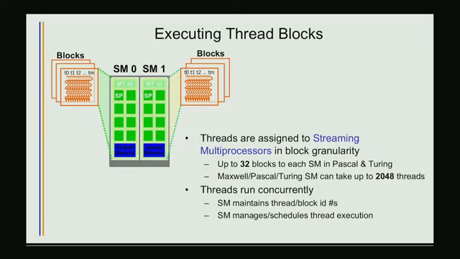So we've taken our long sequence of iterations, and we've created a block, a block, a block, a block. And within each block, we have some number of threads, where each thread, by design, is calculating one output element.